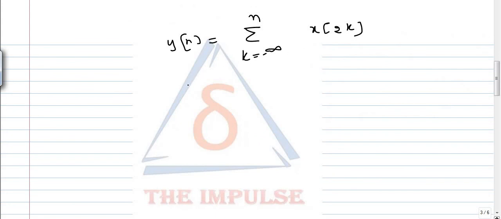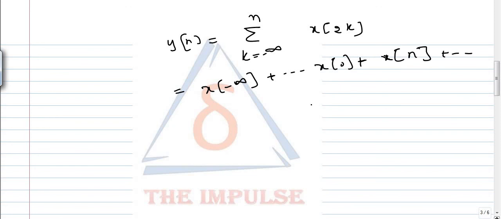Now moving to the next question, it can be written like this: y[n] equals the summation of x of 2k, where k varies from minus infinity to n in discrete time domain. So we can write here x of minus infinity, and so on up to x of 0, and so on up to x of 2 of n minus 1 plus x of 2 of n.